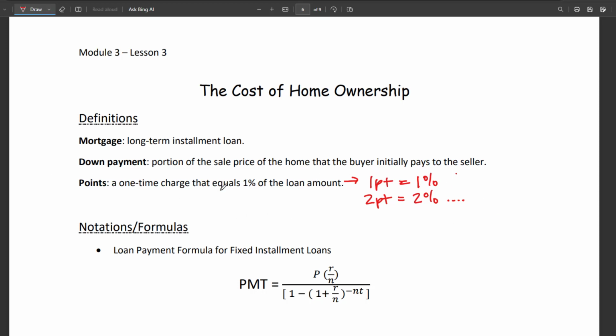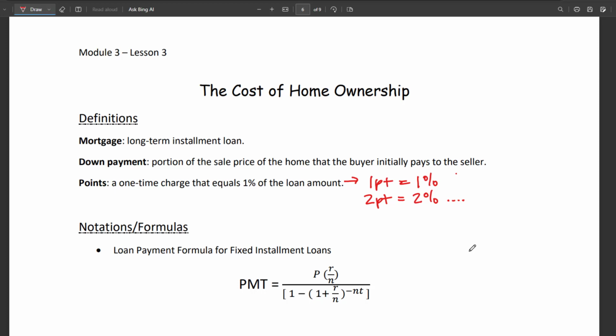The closing costs, whenever you buy a house, there's a lot of different things that need to be done. The title company will do research, make sure your house does not have any lien holders. There's legal fees that need to be paid, taxes. So it could be up to like $5,000 in closing costs whenever you buy a house.